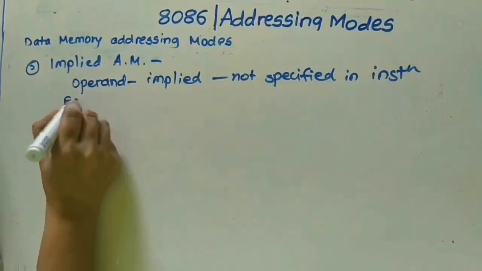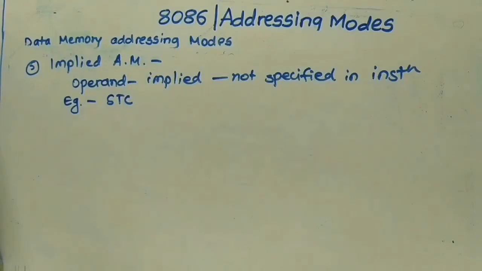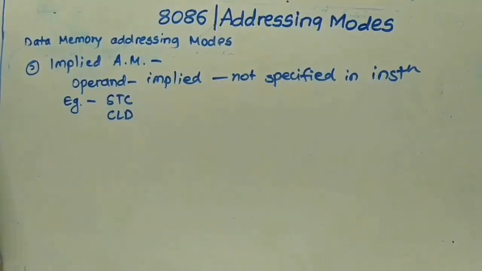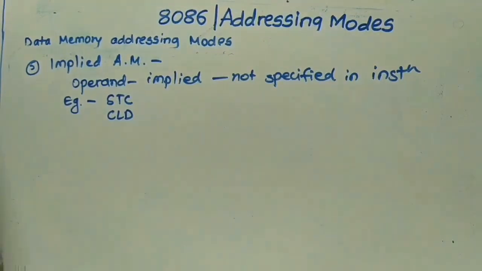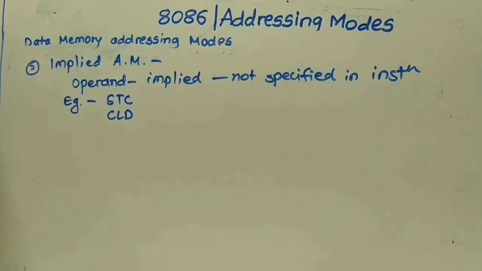We can see the example STC, that is set carry flag, or CLD, that is clear the direction flag. Here no operand is specified, that's why it is implied addressing mode. So these are the data memory addressing modes.